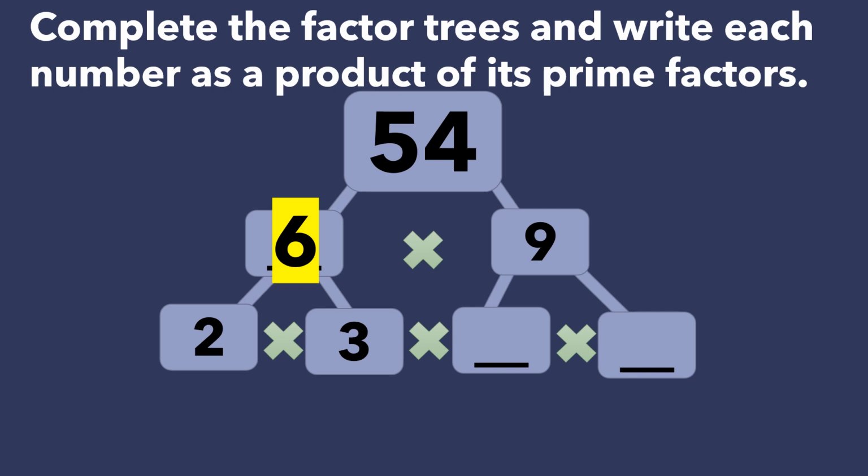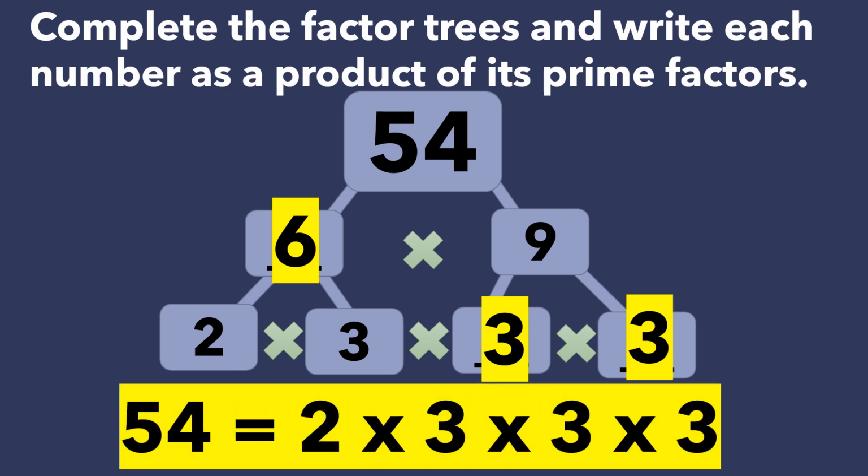And 6 times 9 is equal to 54. What about 9? What are the two numbers being multiplied? The answer is 9. Amazing! So it's 3 times 3. So now our prime factorization for 54 is equal to 2 times 3 times 3 times 3.